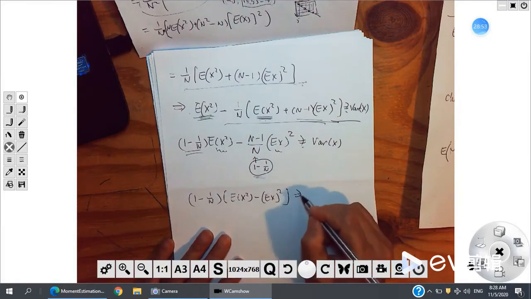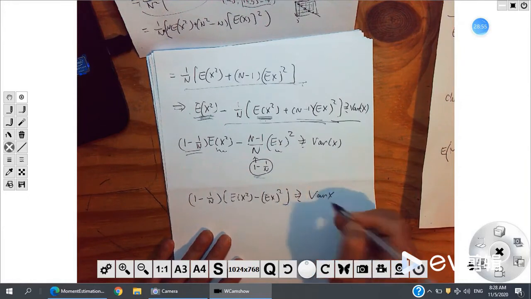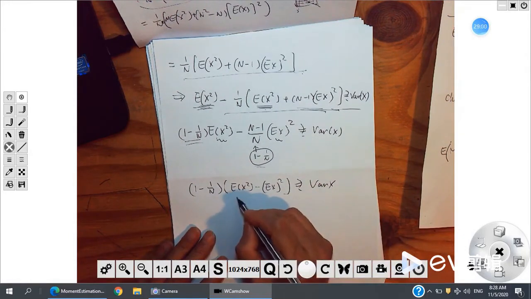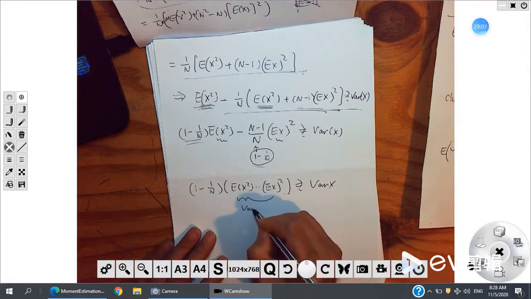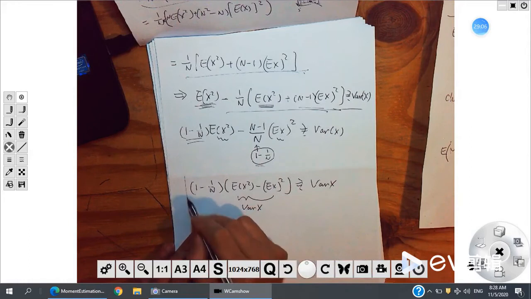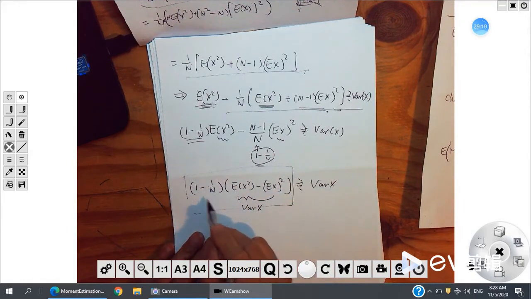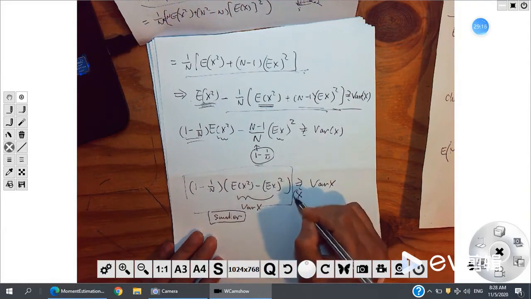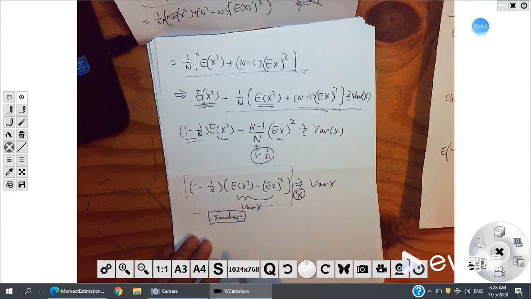Whether this equals the variance of x, I would say no, because we know this part is the variance of x. This part has 1 minus 1 over n in the front, so this is smaller.